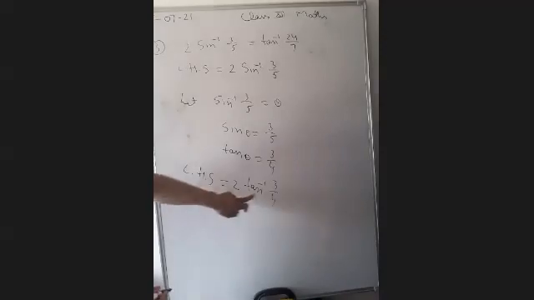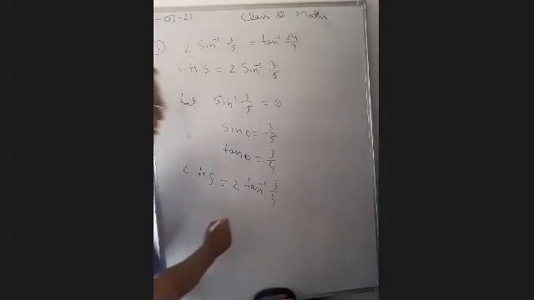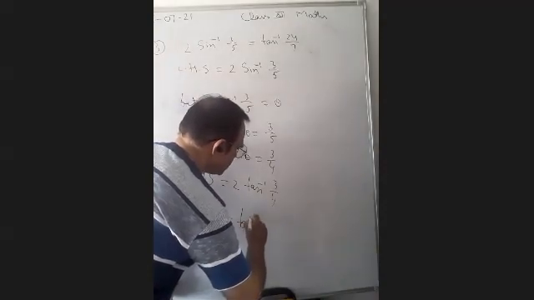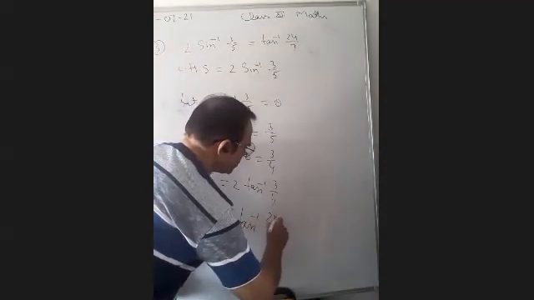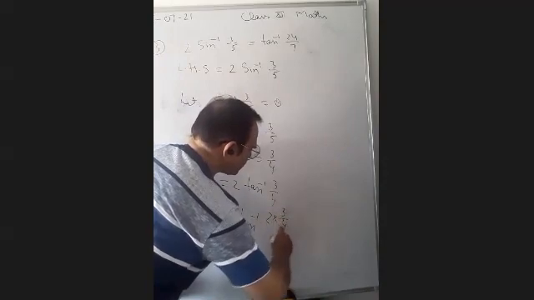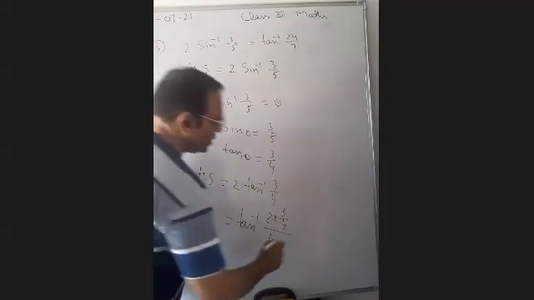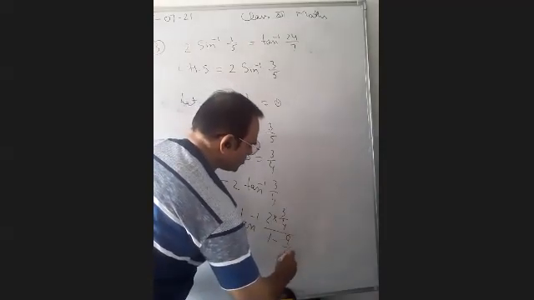Now we can use the formula of 2 tan inverse x, that is equal to tan inverse 2x over 1 minus x square, that is, 2 into 3/4 divided by 1 minus 9/16.